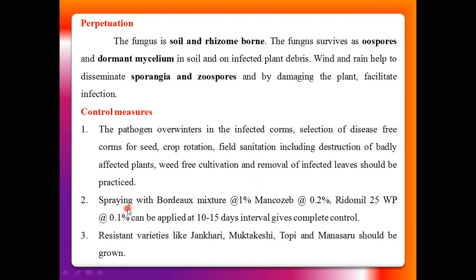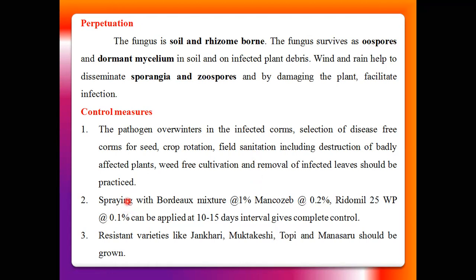Suppose these small brownish spots are seen on the leaf of the Colocasia. Then immediately fungicides are generally sprayed over these Colocasia plants. Generally Bordeaux mixture 0.1%, Mancozeb 0.2%, Ridomil 0.1%.